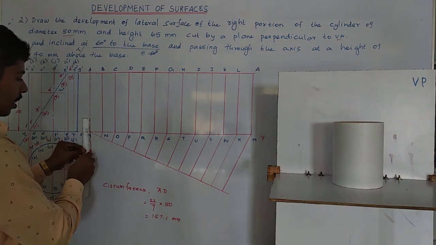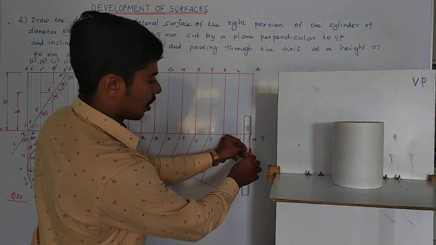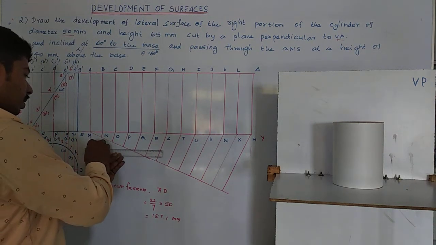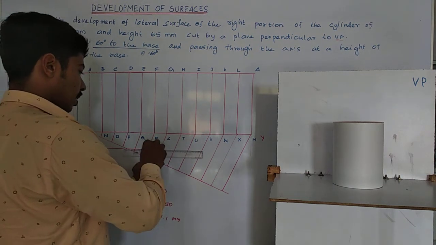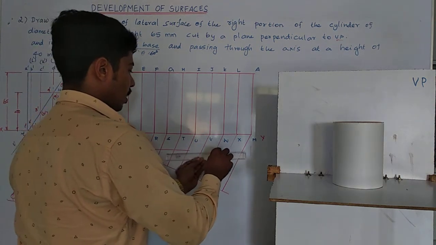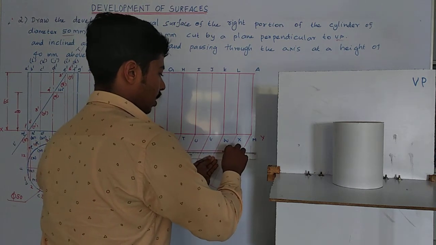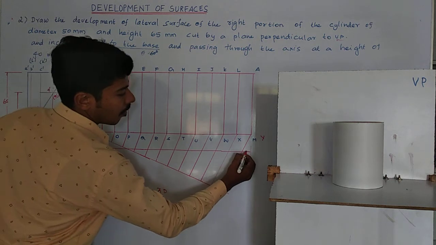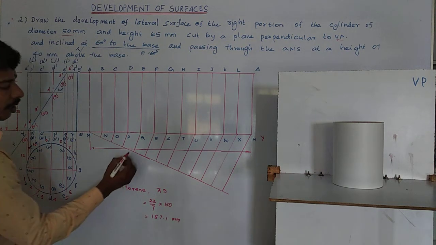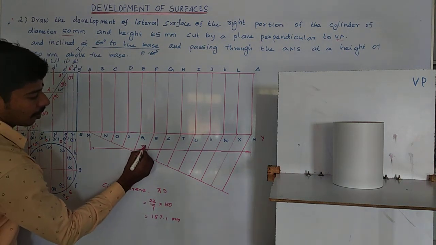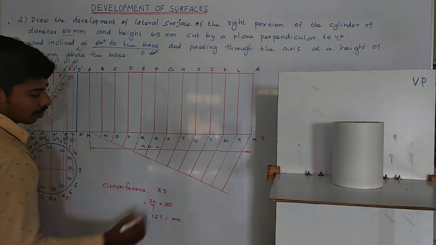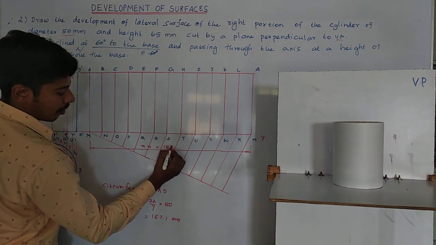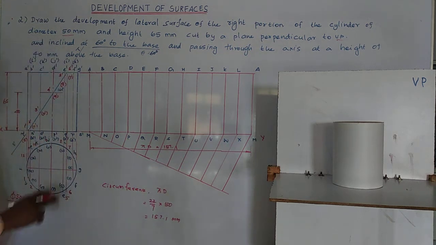What's the length of this? So what is the value of this? So here it is pi d value. Pi d is equal to 157.1. Pi d value I marked here.